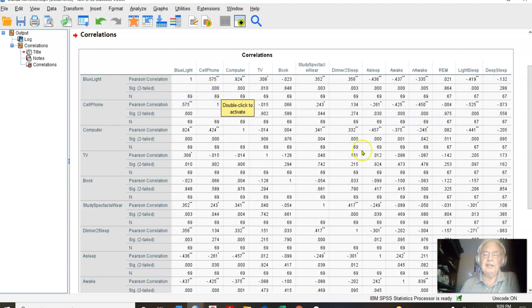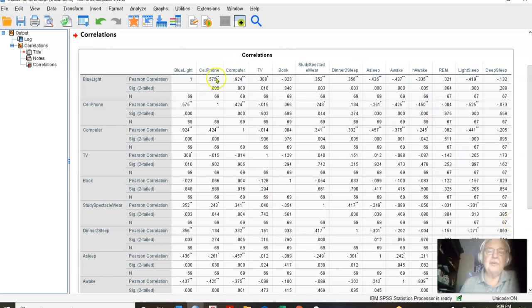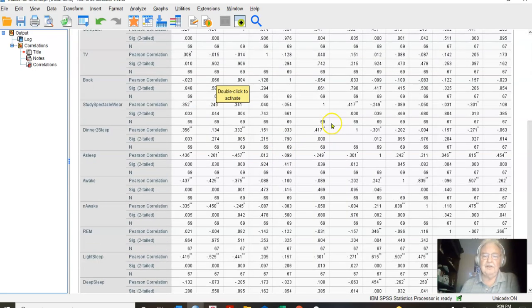So this is a correlation. You can see we have our diagonal. The bottom half here is a mirror image of the top half, so every correlation is done twice. Here's 0.575, 0.575. This is called a Pearson correlation matrix. Spearman would be very similar.